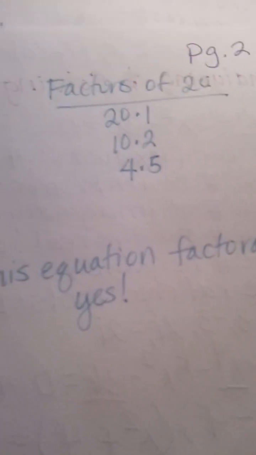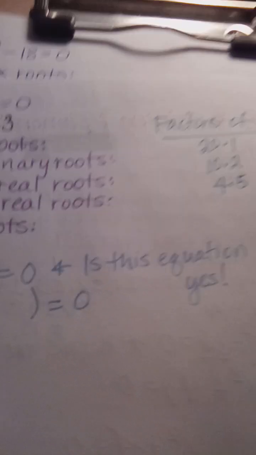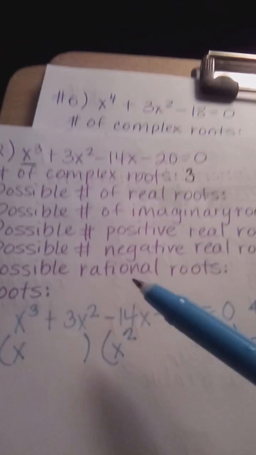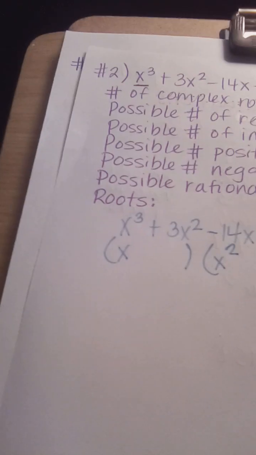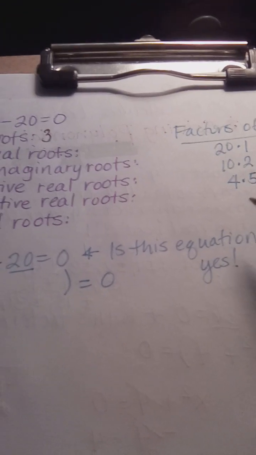No. Okay. In order to make this work, we know that 20 and 1 will not work because it will kind of mess up everything in particular. All right? So we know that 4 and 5 will work.